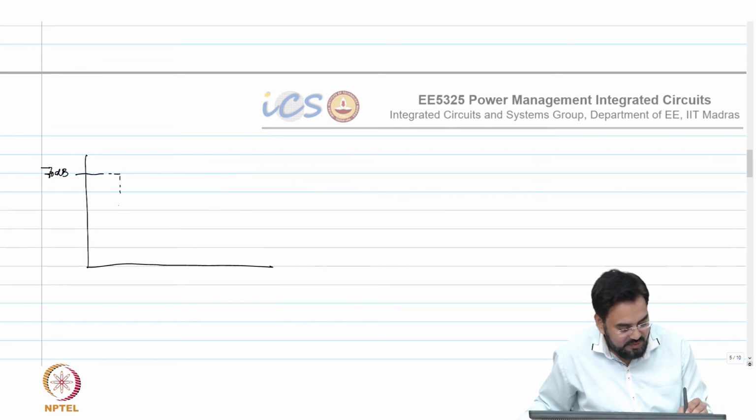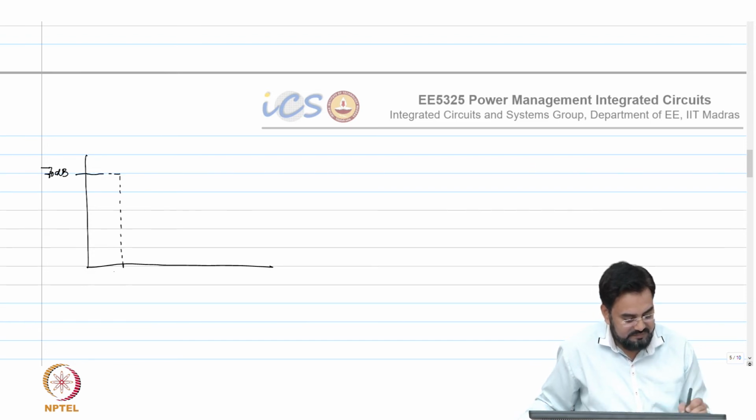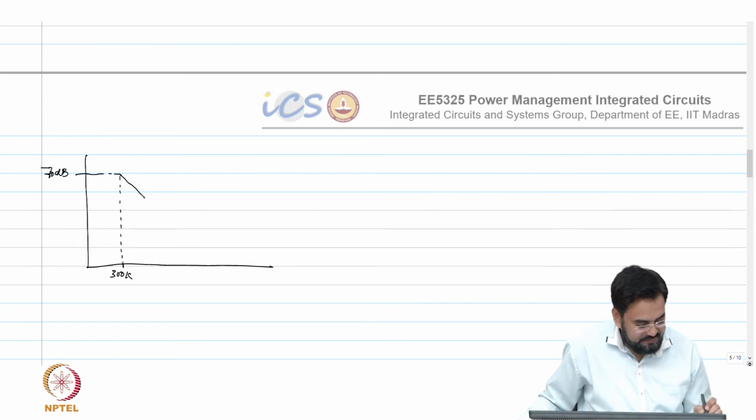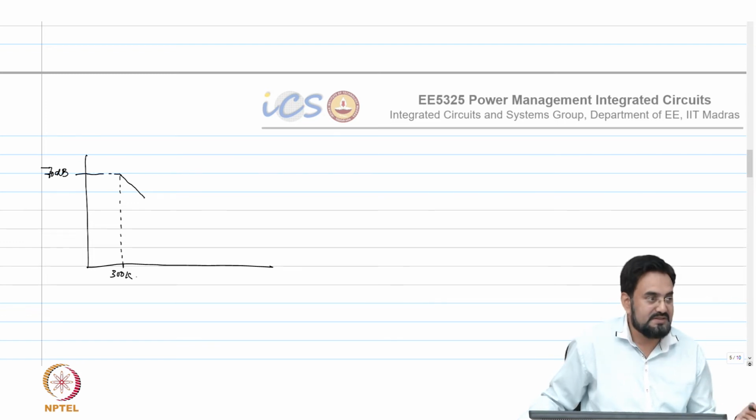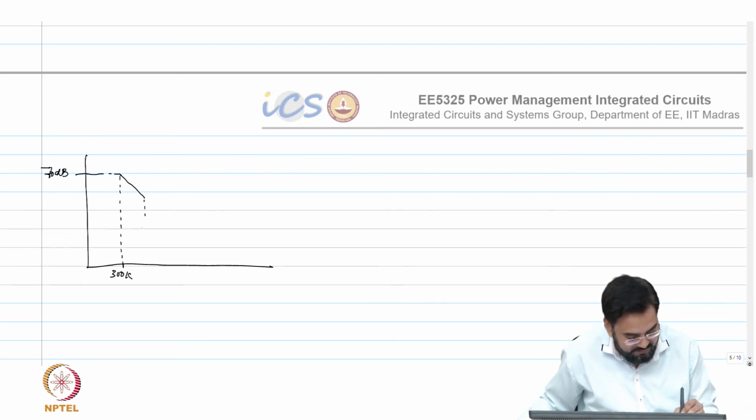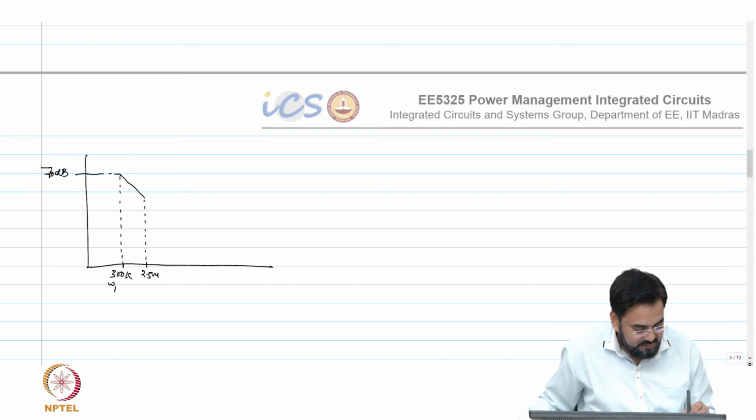So where is the first pole? 300. And your second pole, where was that? So pretty close to 1 decade away from this, huh? You can see. So this is your omega P2, this is your omega P3.